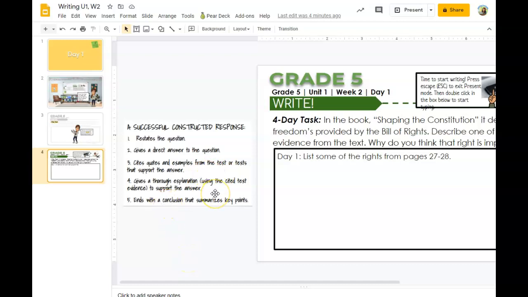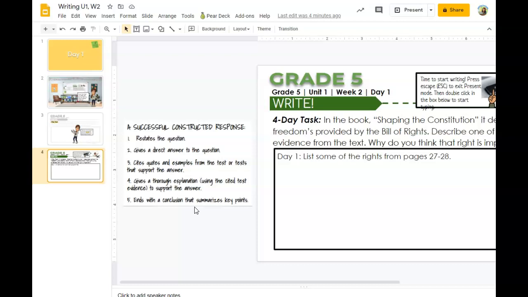Number 4, gives a thorough explanation, the E, using the cited text evidence to support my answer. And then the end is RACES, add an S to it, and you're going to summarize those key points by adding a small conclusion statement.